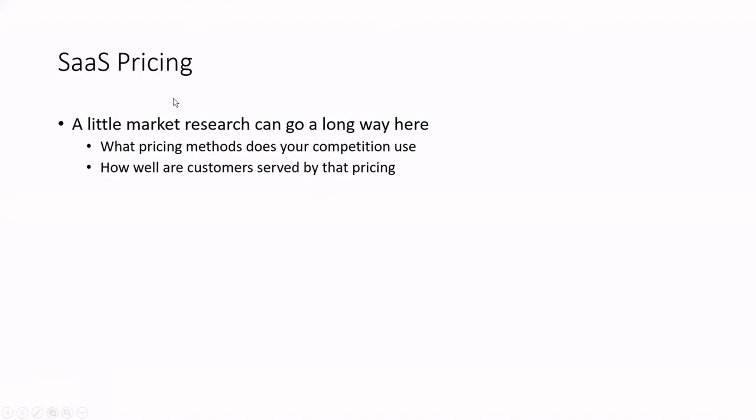When considering pricing for a new SaaS software application, a good place to start is with a little bit of marketing research, because this can tell you something about what pricing methods your competition is using, and maybe even how well their customers are served by that pricing.